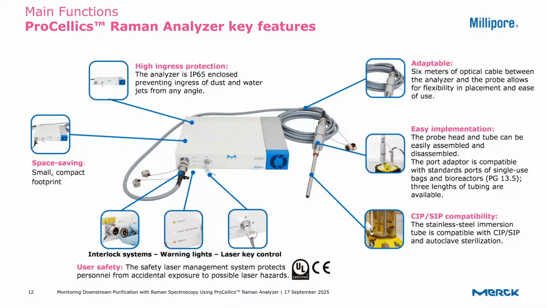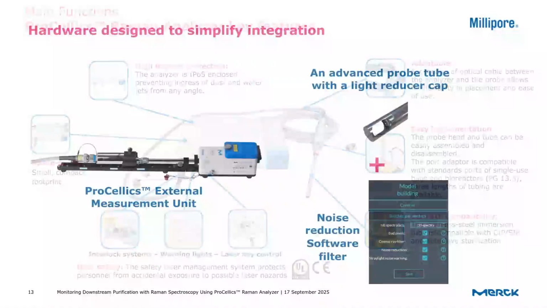It also has threaded connections that allow for easy connection to a standard probe tube threaded connection. The probe tube, which is the component of the Raman probe in contact with your product, is compatible with CIP, SIP, and autoclave sterilization.